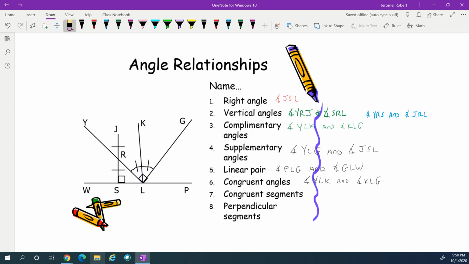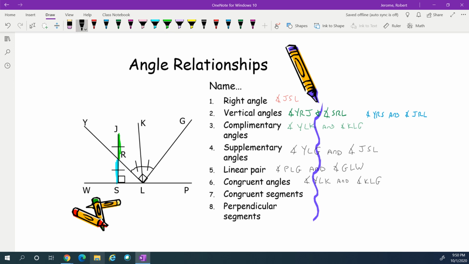Congruent segments. The hash mark says that they're congruent. So we have two segments over here with hash marks on them. I put one in green and one in blue.